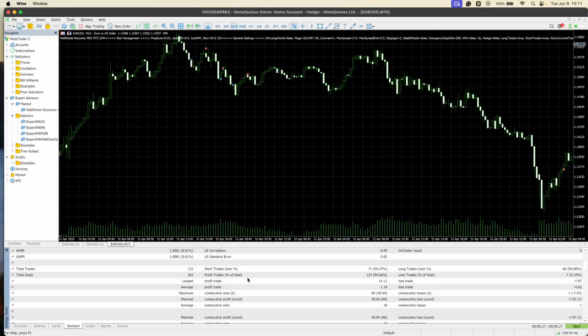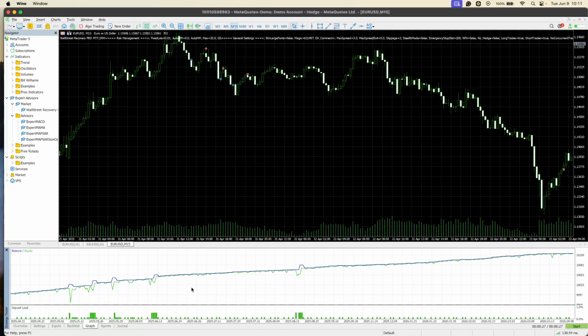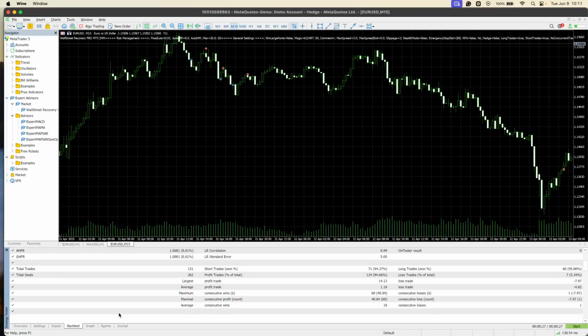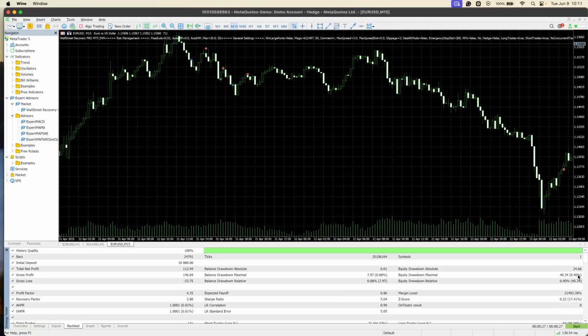We have only seven losers across all of this, and the equity curve looks impressively steady overall. It's climbing gradually with some small dips that recover quickly, thanks to the recovery system. The max equity drawdown was just 0.4%, which is quite excellent, and max balance drawdown was just 0.08%, and this was actually based on my settings.